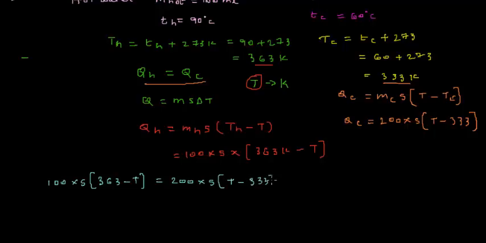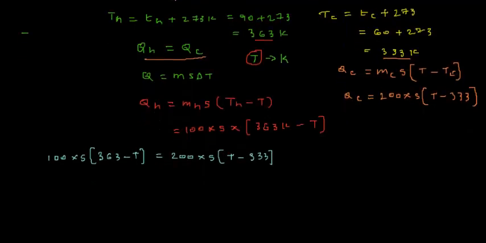I can cancel S on both the sides because it is the same. I will be cancelling 2 zeros here and 2 zeros here. So I am left with 1 into 363 minus T. So I will be getting 363 minus T is equal to 2 into T minus 333.